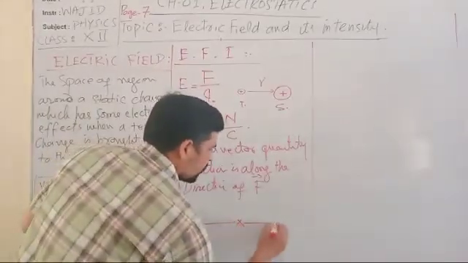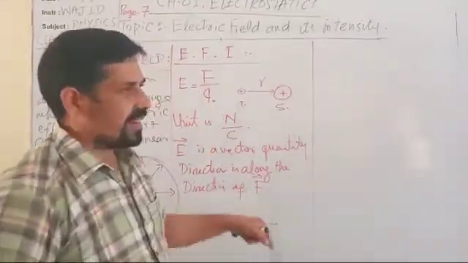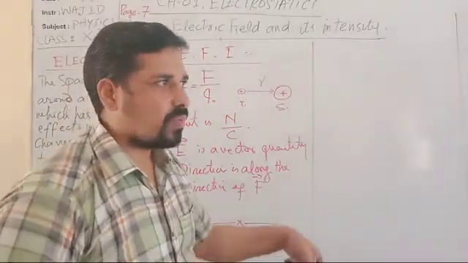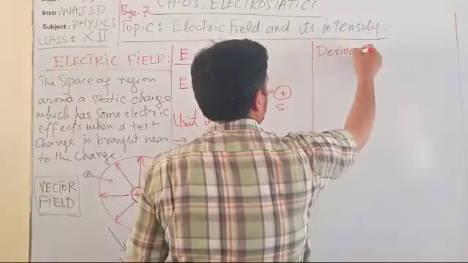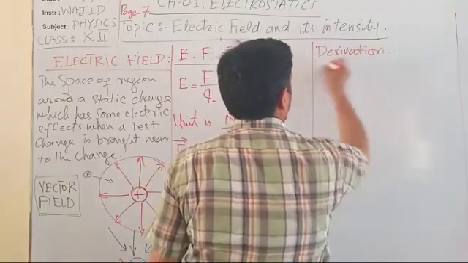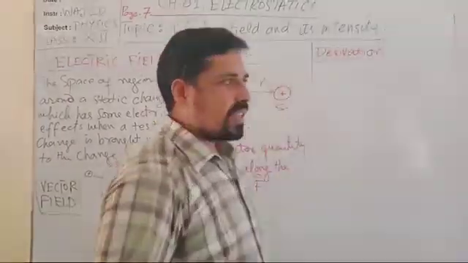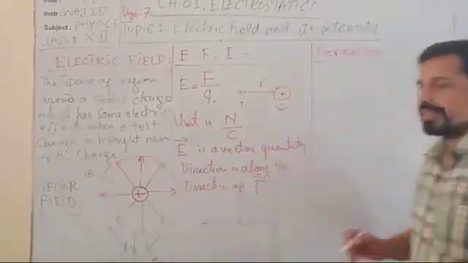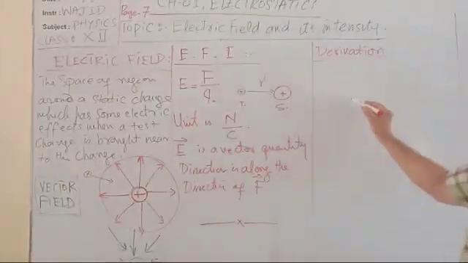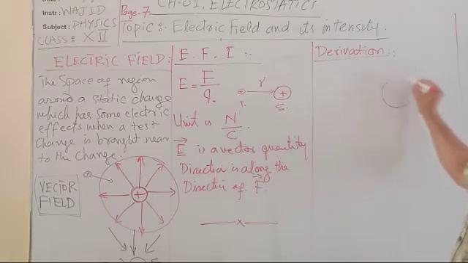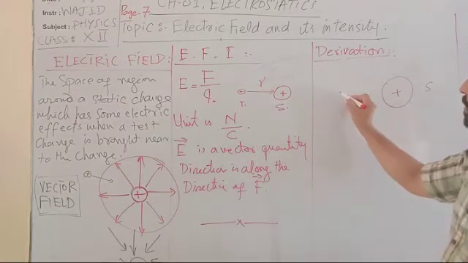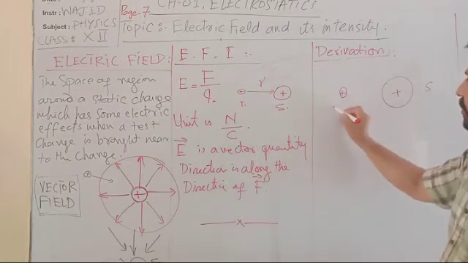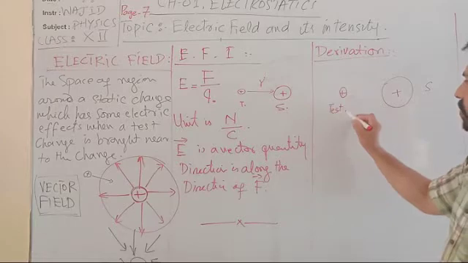Now we are going to derive an equation for electric field intensity for a single static point charge. Derivation. For deriving the equation for electric field intensity, let us say we have a source charge S that is taken as a positive charge, for example, and we bring a test charge close to it.